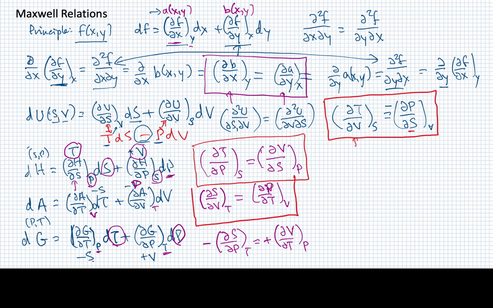All right, so this will round out the last of these relations. These four relationships are together the things that we call the Maxwell relations.